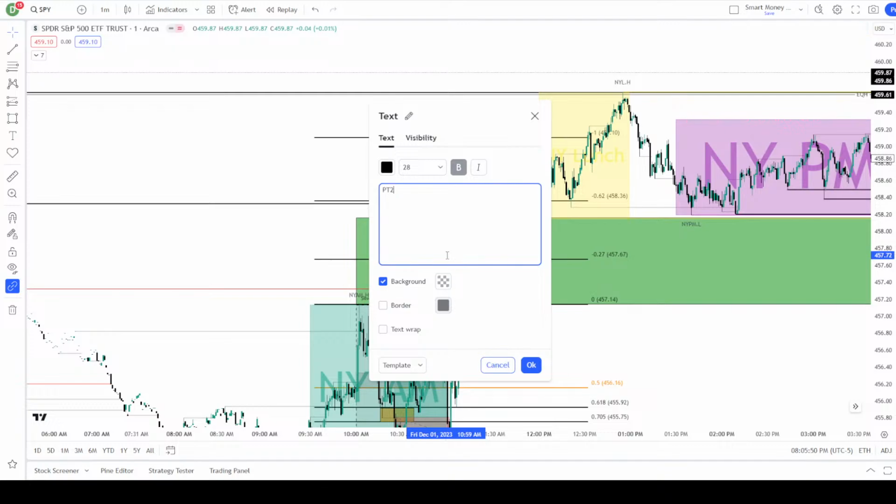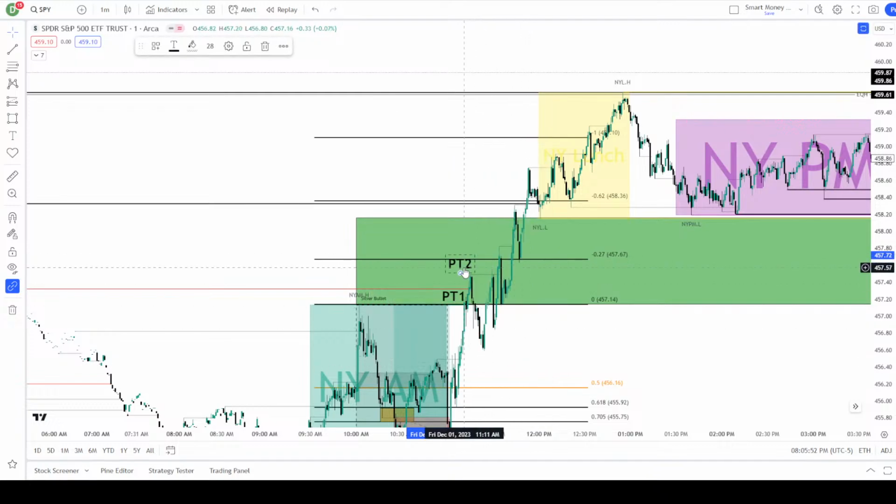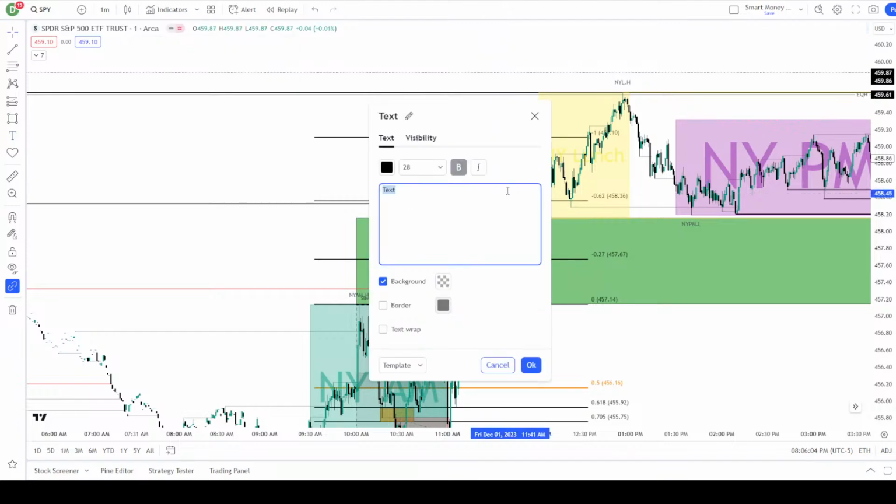Then we've got price target 2. This is if you're taking multiple contract lots or trading multiple shares at a time. There's your second exit right there. Your third exit is on the negative 62%. Take profit 3.